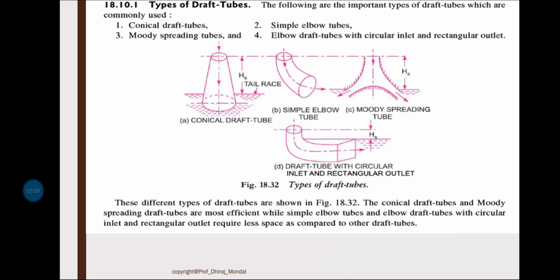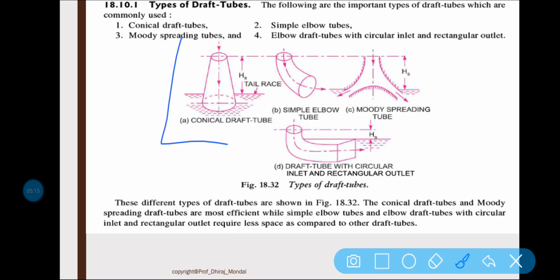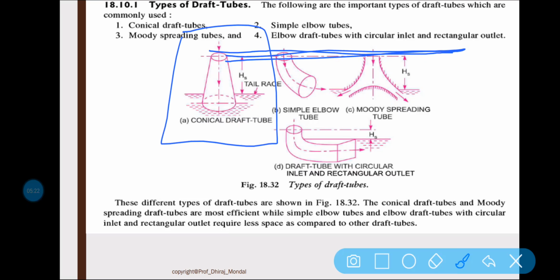Now, the conical draft tube: you can see this is the conical tube, this is the level at the outlet of the turbine, and this is the level of water in the tail race. So this much HS is the static head, and this much head is developed because of the draft tube, which has a gradually increasing area.